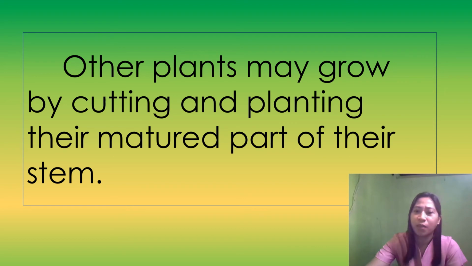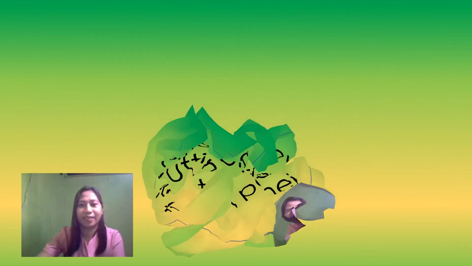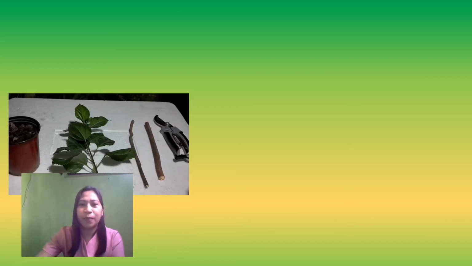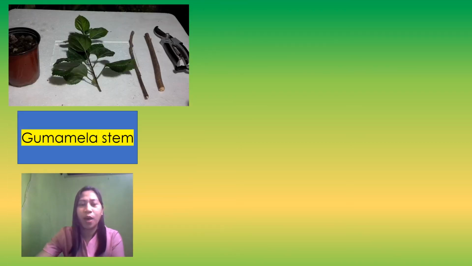So ask your mother or father who is sitting with you right now what examples of plants can be cut and planted using their stems. So here are some examples of plants that use their stem to multiply. Okay, we have one. First is gumamela.